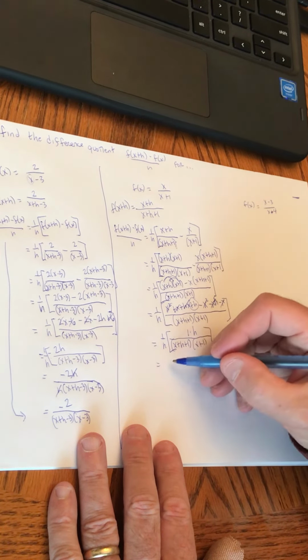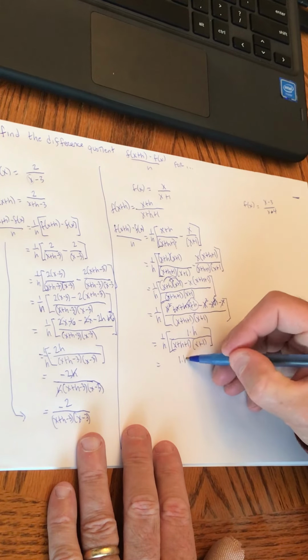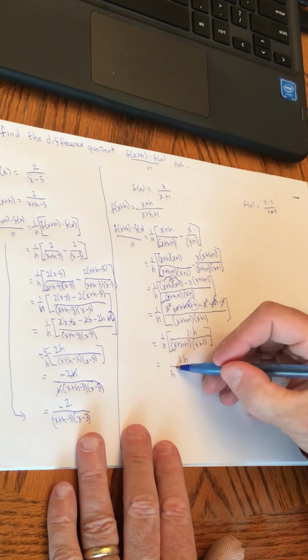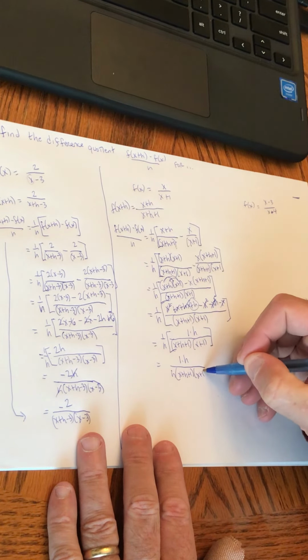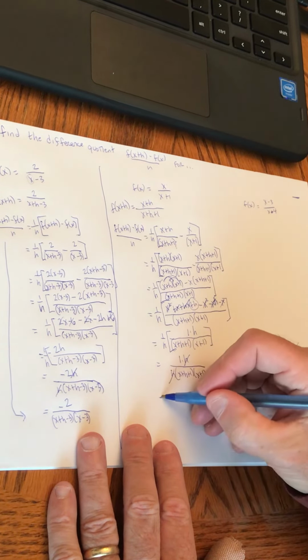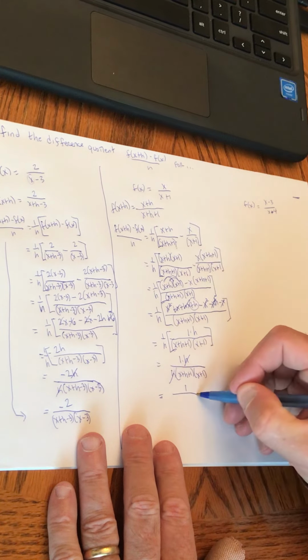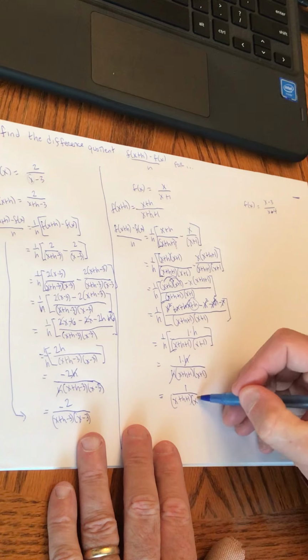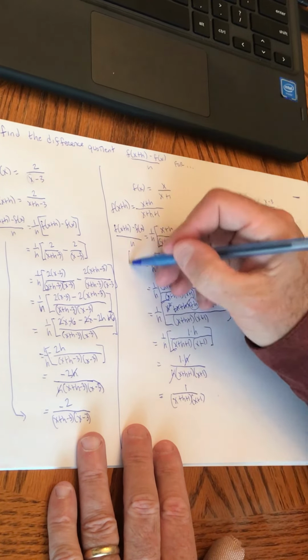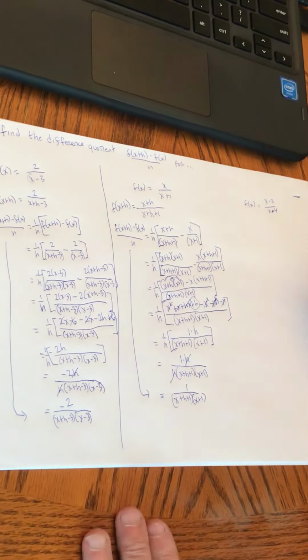I'm going to go ahead and multiply the 1 over h and get 1 times h over h times x plus h plus 1 times x plus 1. H's cancel. Leave me with 1 over x plus h plus 1 times x plus 1. And that is my difference quotient.